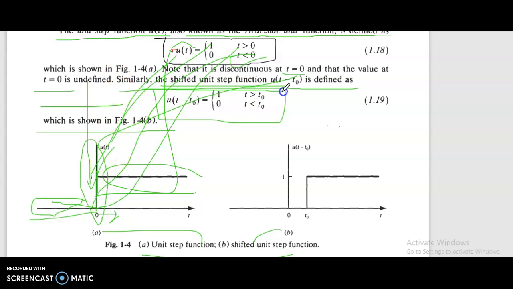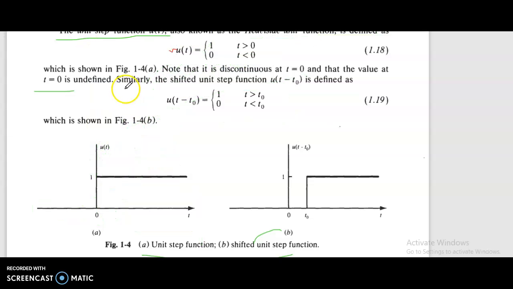Similarly, the shifted unit step function u of t minus t naught is defined as 1 under the condition t is greater than t naught, and 0 when t is less than t naught.